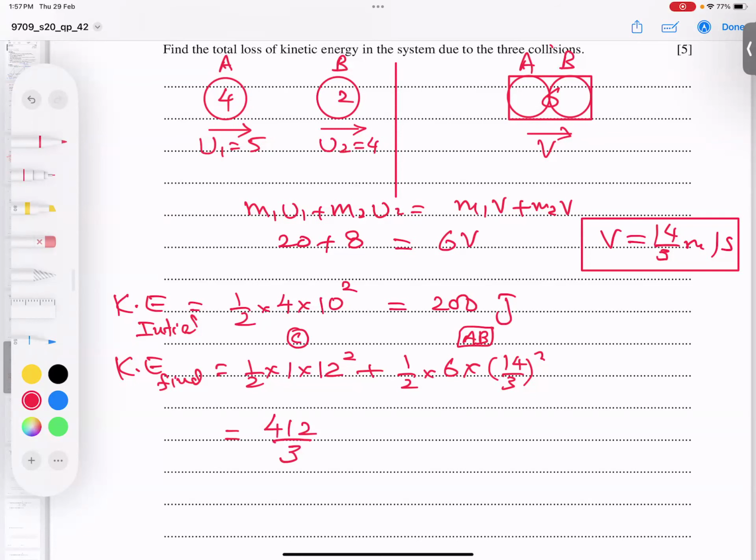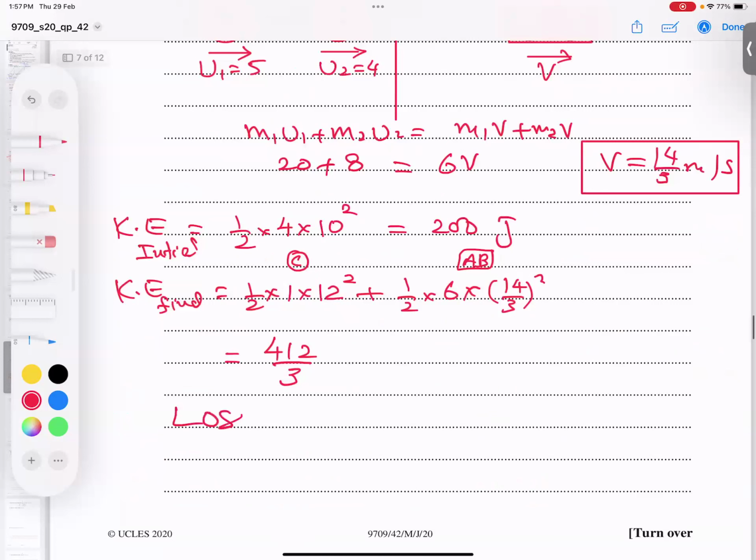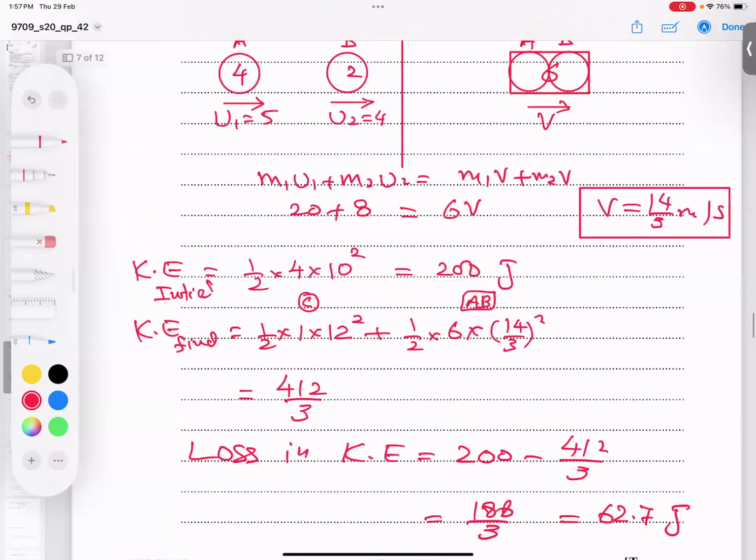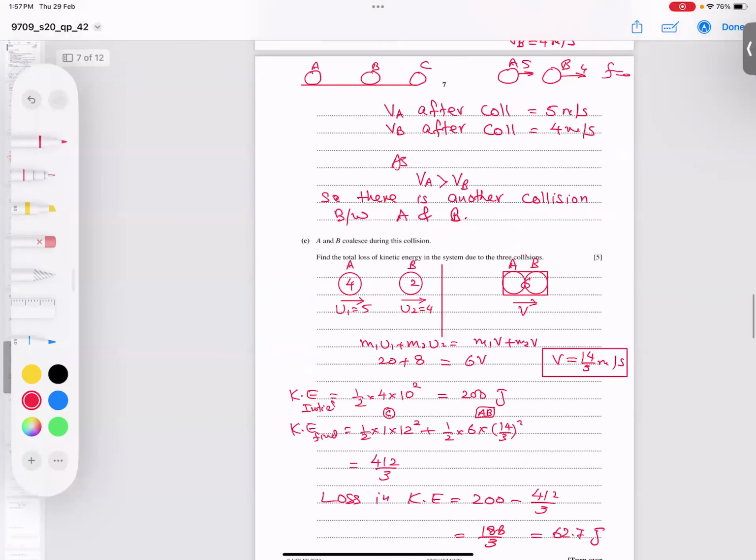Okay, so this is clear, and the loss in kinetic energy of the whole system is 200 minus that, which turns out to be 188/3, or in decimal 62.6667 joules. And I believe the point is very clear, and the concept of the question is totally clear.